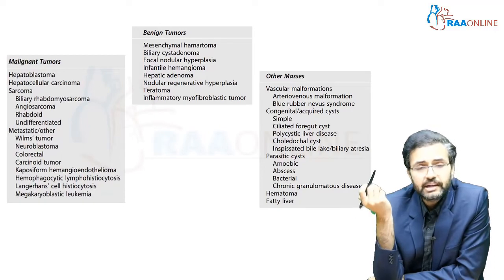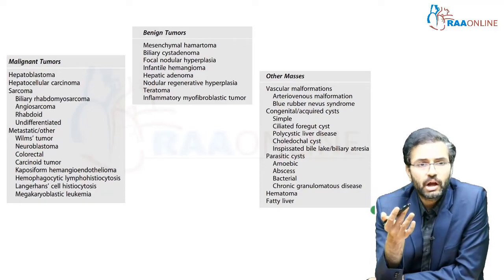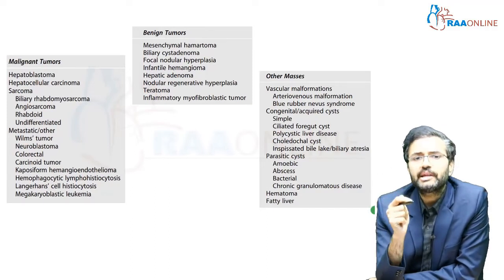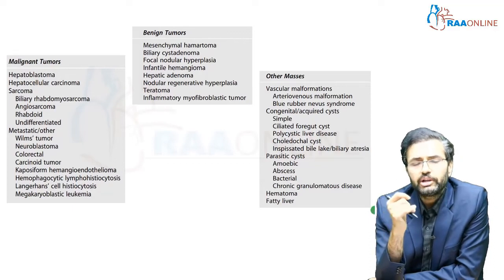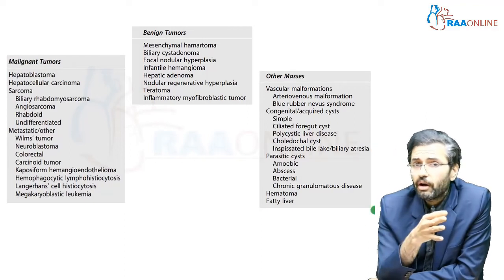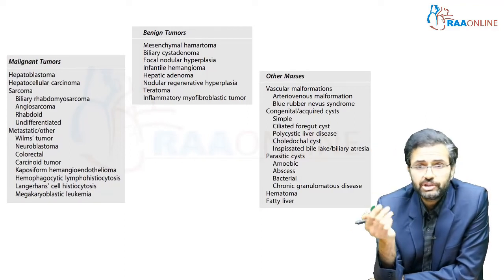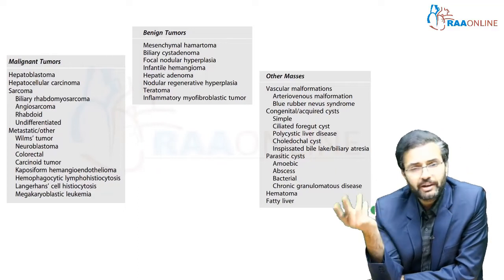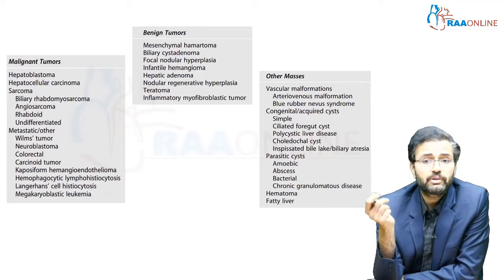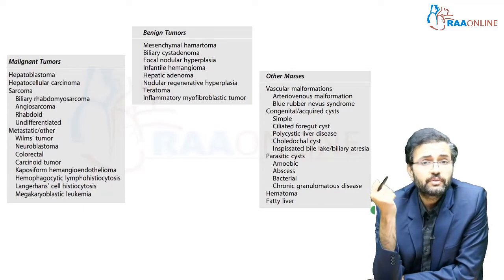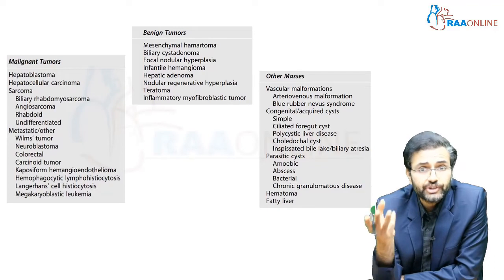It varies from malignant lesions like hepatoblastoma, hepatocellular carcinoma, biliary rhabdomyosarcoma, angiosarcoma, to benign conditions like mesenchymal hamartoma, focal nodular hyperplasia, infantile hemangiomas, and sometimes lesions which may not be clearly malignant or benign, for example vascular malformations, arteriovenous malformations, congenital cysts, parasitic or non-parasitic cysts, choledochal cysts. Hematoma can be a cause post-trauma, and fatty liver can also manifest itself as a liver lesion.